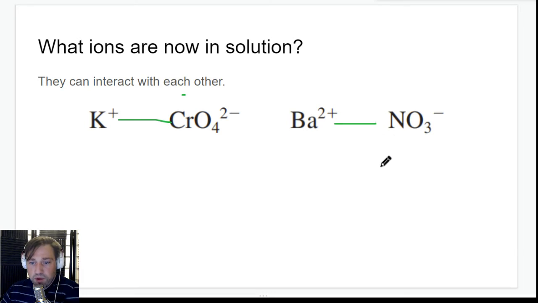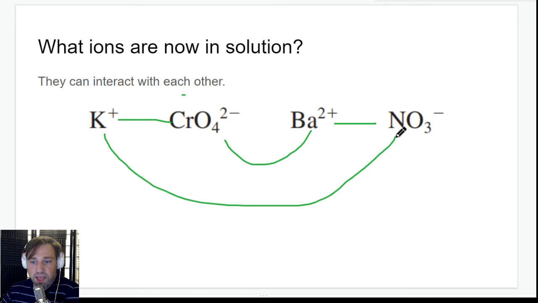The barium could go back with the nitrate. That could be a thing. The barium could go with the chromate. That could be a thing. And the potassium could go with the nitrate. That can be a thing. So now we have some different options of these ions interacting with one another. So that is what's happening.